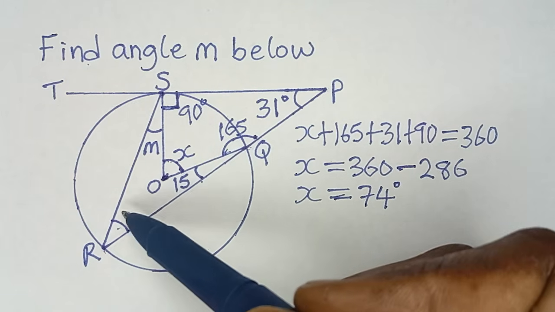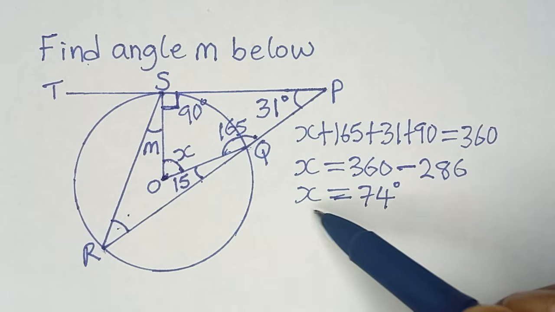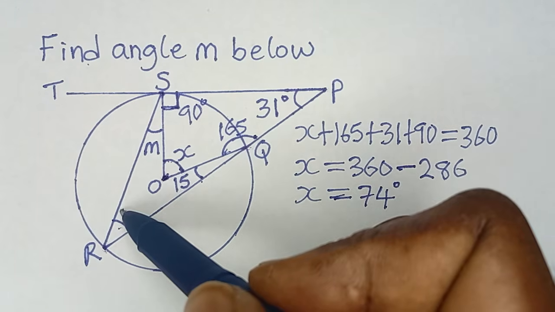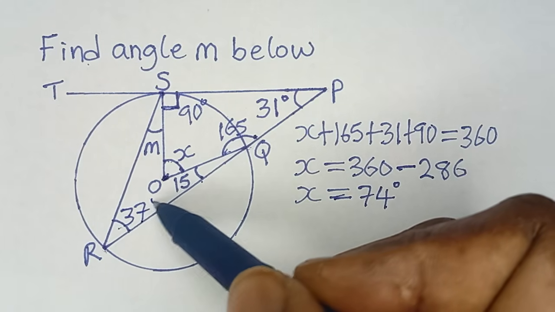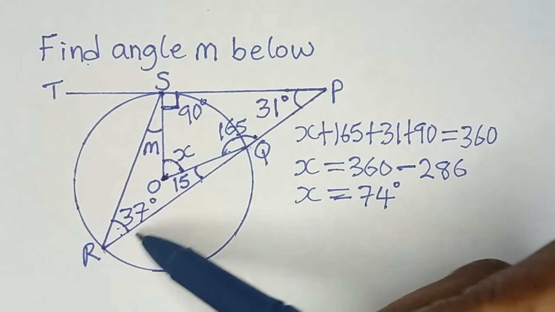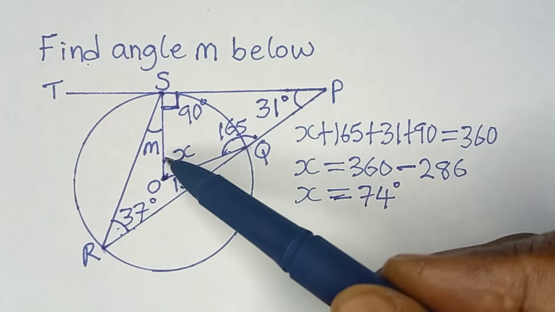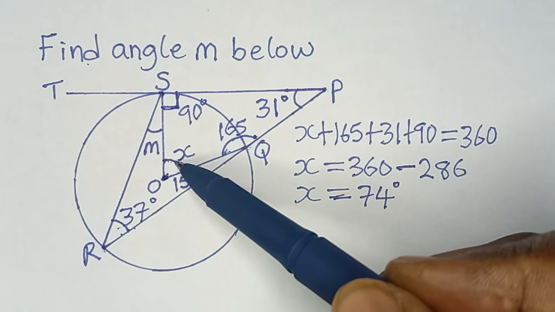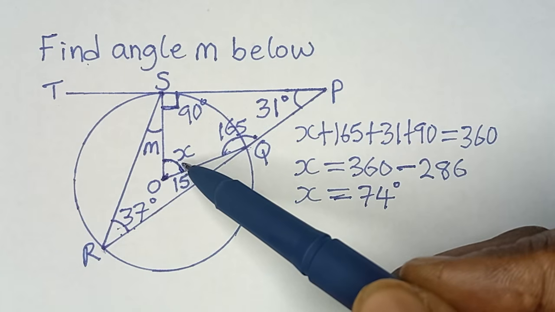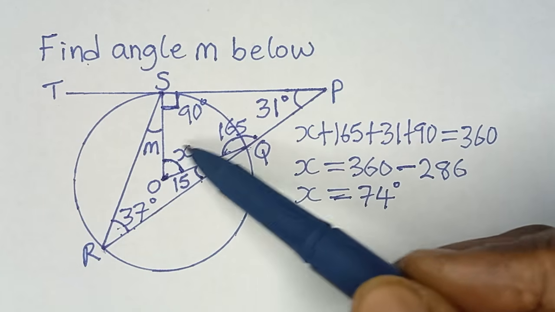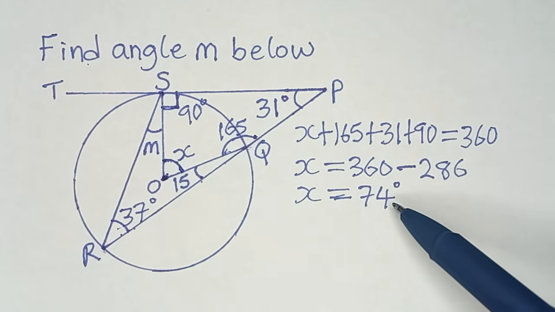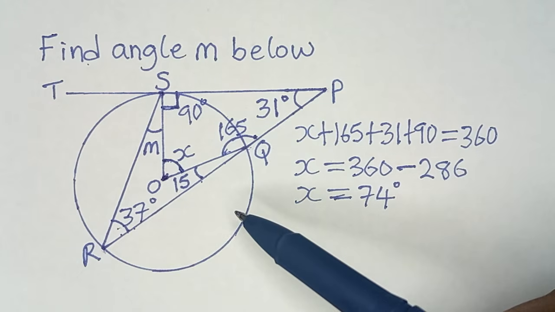So to get this angle, we say 74 divided by 2, which gives us 37 degrees. So this angle at the circumference is 37. Twice the angle at the circumference, 2 times 37, gives 74, which is the angle at the center. So when you divide the angle at the center by 2, it gives you the angle at the circumference. That's what we did here: 74 divided by 2 gives us 37 degrees.